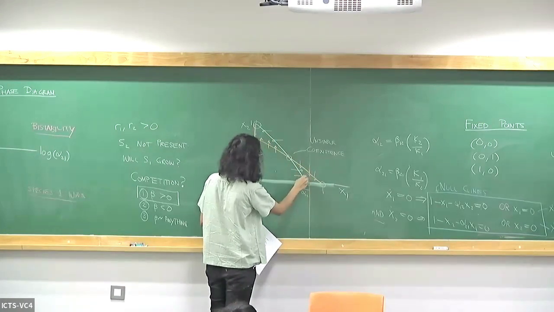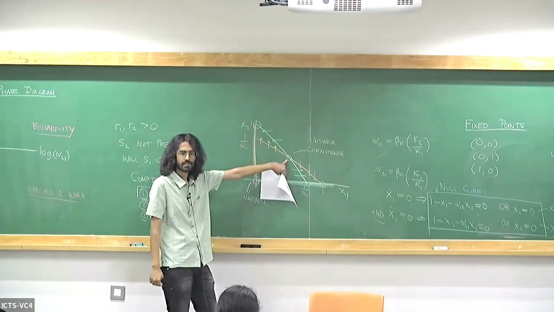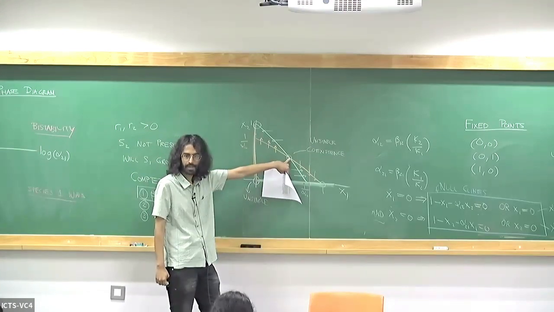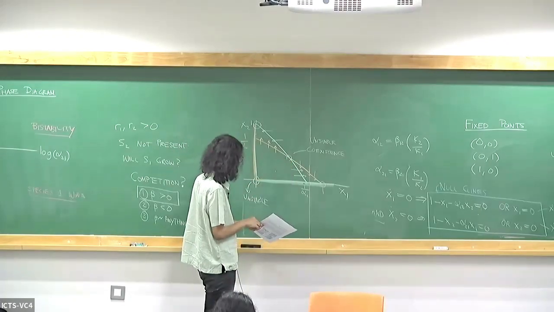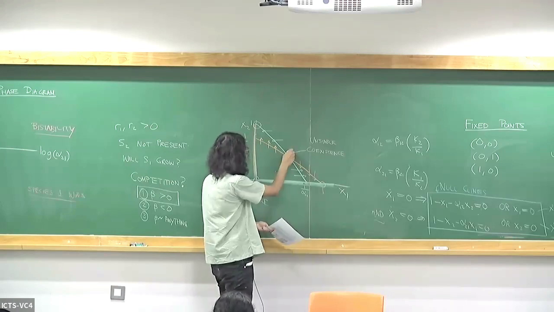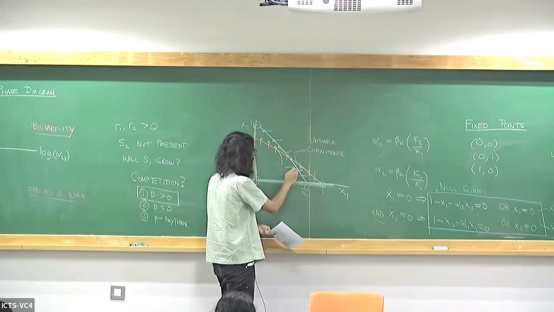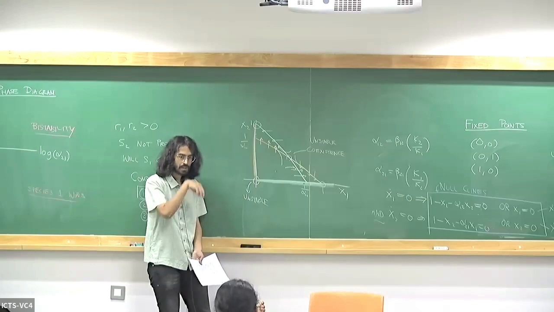This will have arrows pointing to the right. Which way do the arrows point here? At this point, they point nowhere, right? It's a fixed point. Okay, and so now you can also see that flow goes away from this fixed point. And so it's actually unstable.